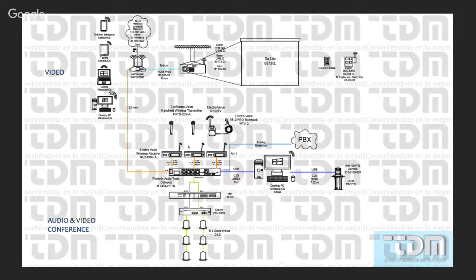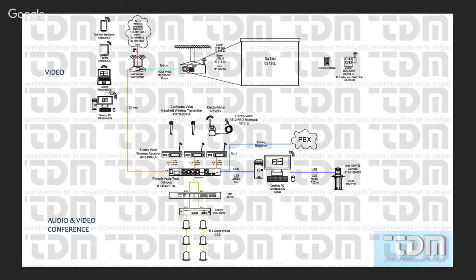The wireless mics transmit the audio to the other end, and the audio from the other end will come to the mixer, to the DVX, to the Crown, and we will hear the far end through our speakers, through the Electro-Voice speakers. So we are using it for local audio, for remote audio through our analog station, for audio conference, and we will use it as well for video conference.